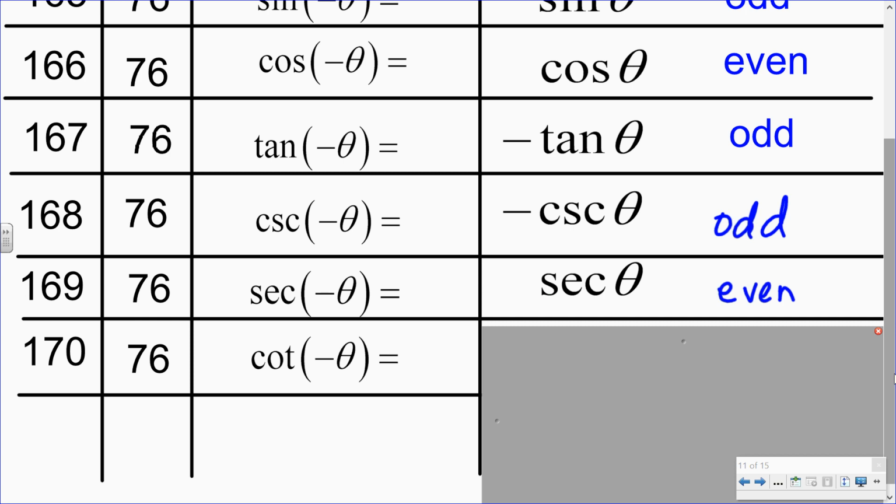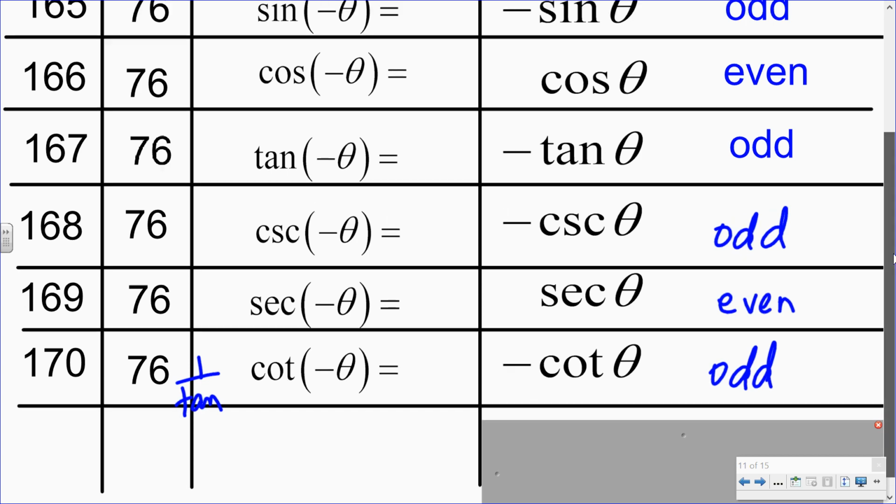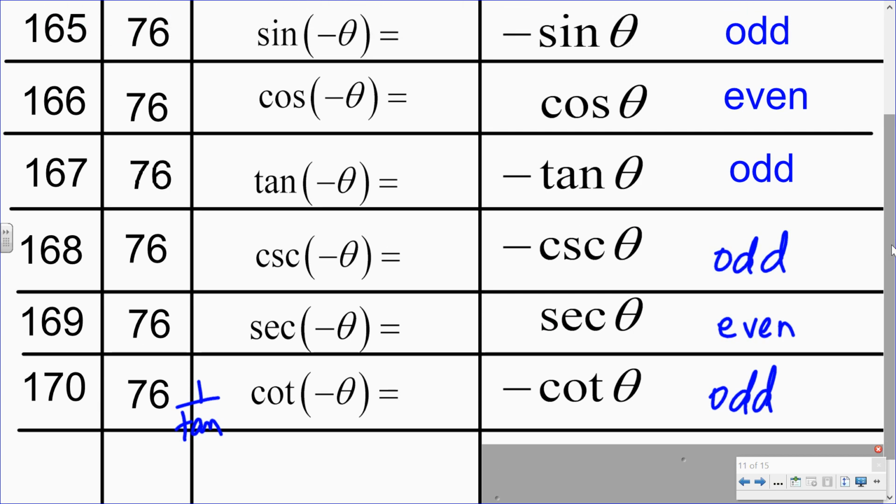How else can I do cotangent? 1 over tangent. So if it's 1 over the tangent of minus theta, do I need to add an extra minus sign in when I work with tangent? So cotangent of minus theta is going to be minus the cotangent of theta, so that one is also odd. The only ones that are even are cosine and its reciprocal. And we're not done with formulas yet, so don't put them away.